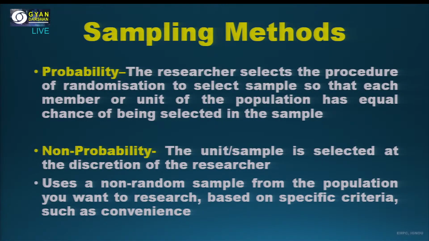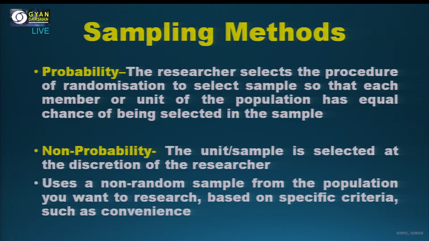So let us move forward then. The major question is how you will select the samples from this population. We have to think of some kind of strategy or method. In research studies, there are two types of sampling methods, as you see on the screen.